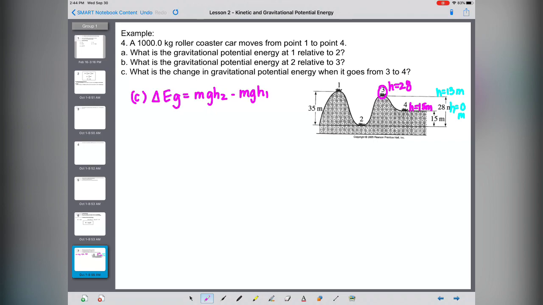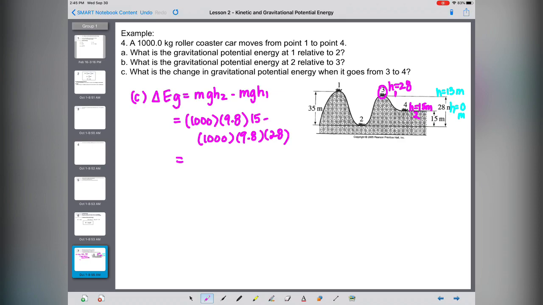So now h at point 3 is going to be my h1 because that's the starting, and then number 4 is going to be my h2. So when I sub it into my equation, it'll be mgh2, which is 15, minus mgh1, which is 28.